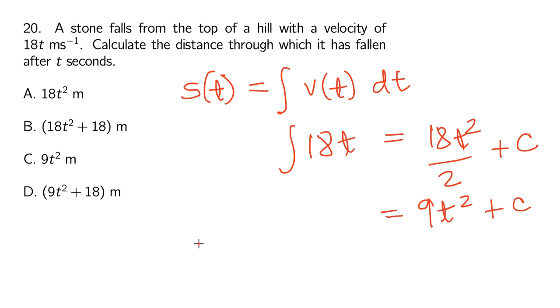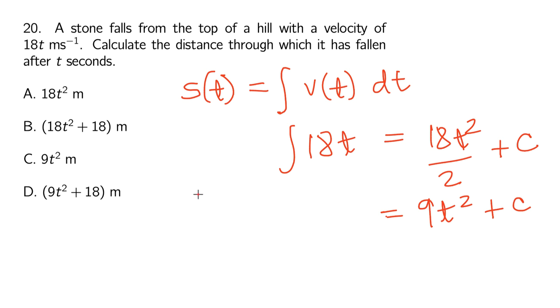So we have to see which of our answers has this. Now this constant c, sometimes you will be given enough information to know what it is. In this example, we are told that the stone falls from the top of a hill, and we calculate the distance through which it has fallen after t seconds.